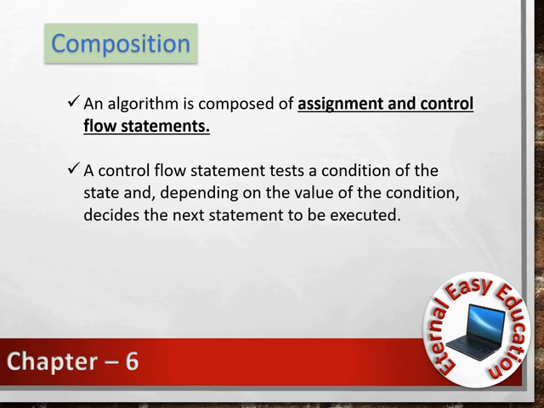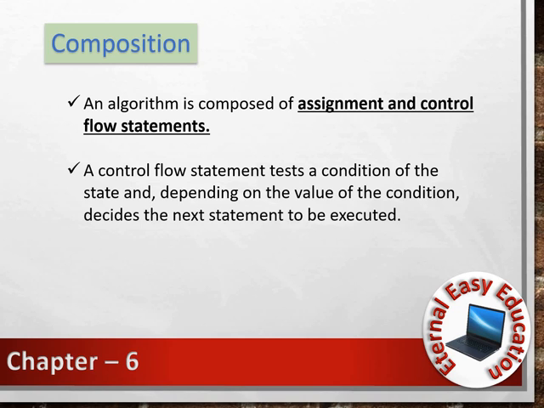So assigning a value to the variable is assignment, and control flow statement means if the program is having many steps, the control will flow from first step to second step. Sometimes instead of executing the third step, it will move to sixth step or seventh step based on a condition. That is control flow.